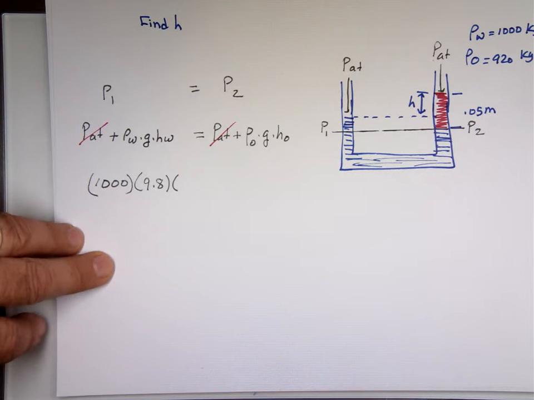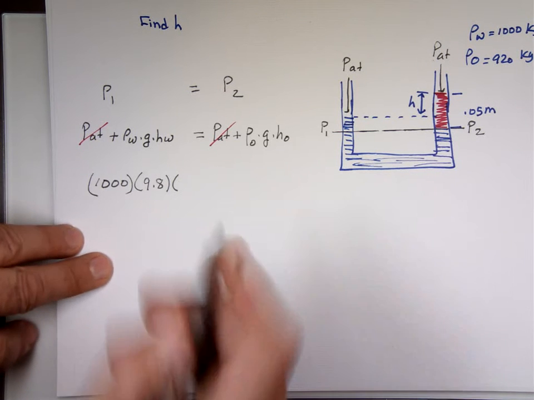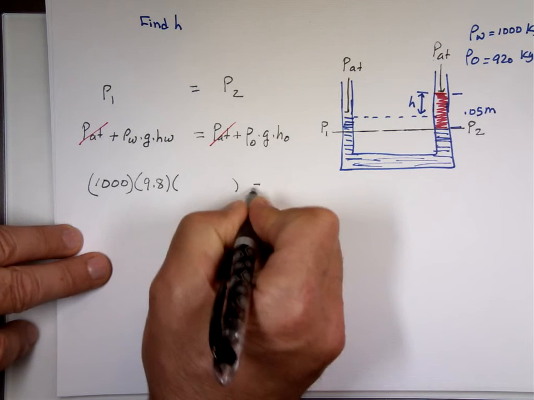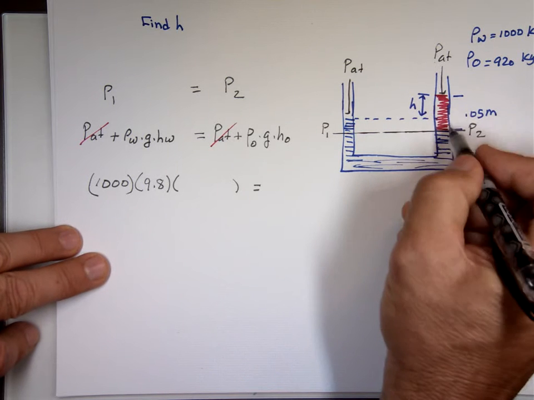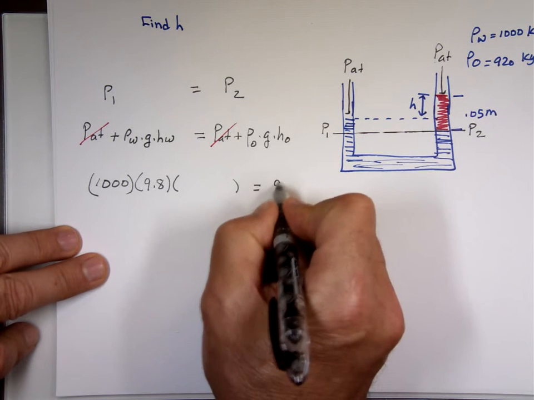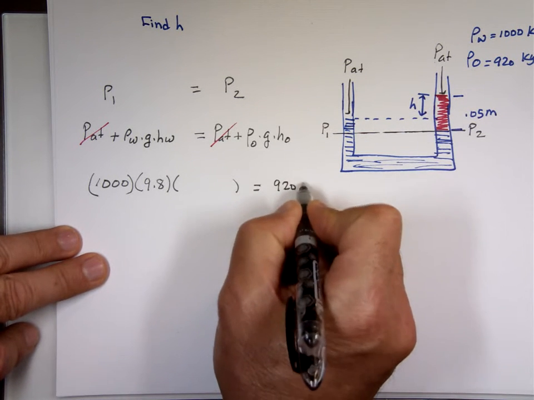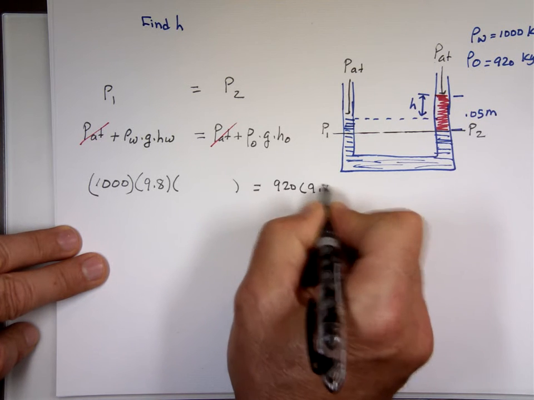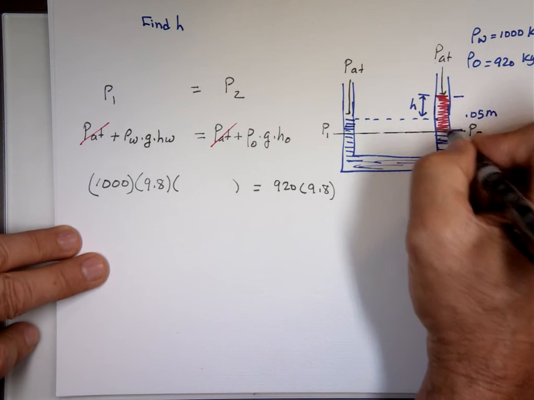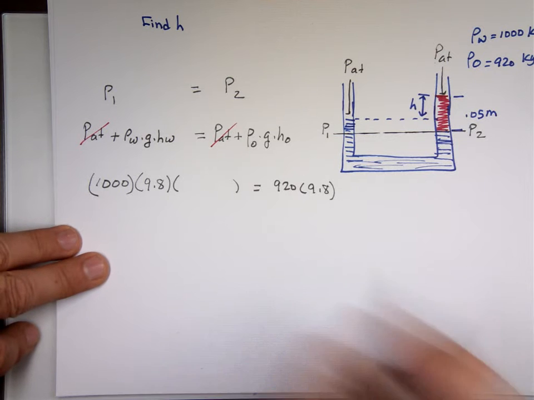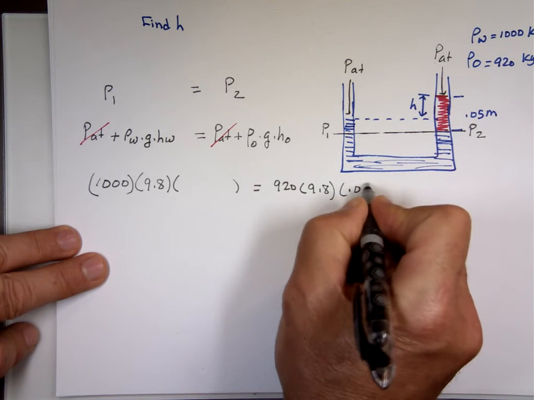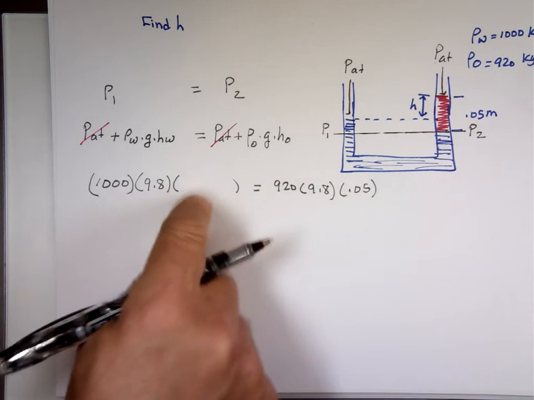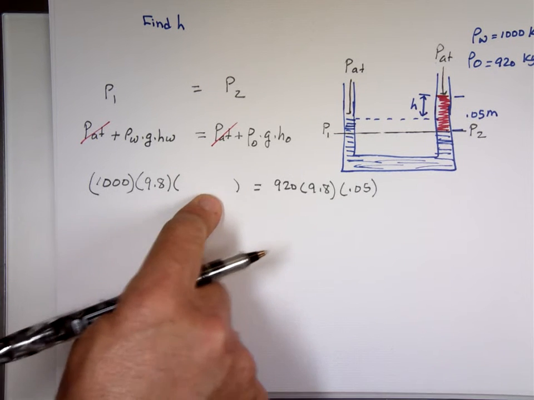Okay, let's leave it, we'll come back to it. What is rho for oil here? 920 times gravity 9.8 times the height of the oil, 0.05, good. So the only thing holding me back is this one. Let me go back to this one, see if I can figure that out.